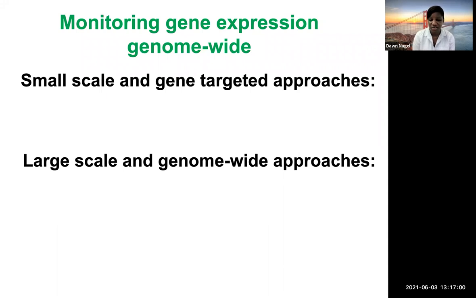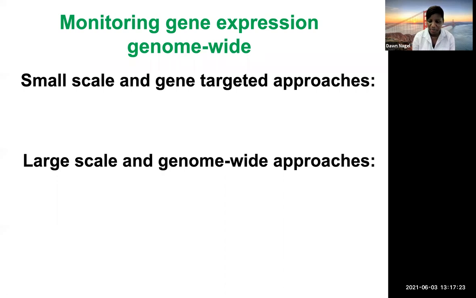And we talked about being able to do that in the previous lectures. So those methods where you're looking at just a single gene are what we refer to as small scale methods, because it's really small scale. You're looking at one gene or two genes, or maybe even three genes, right?